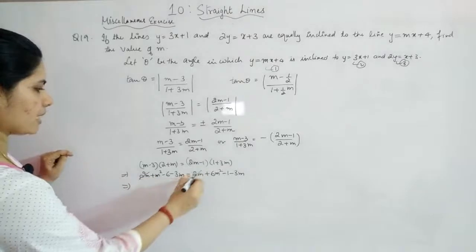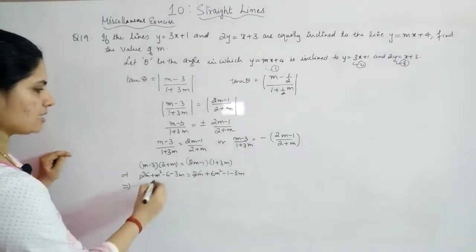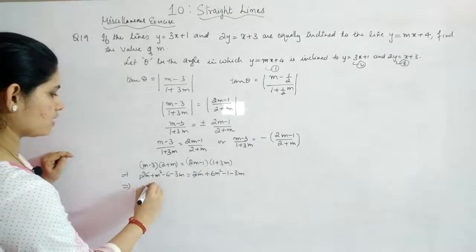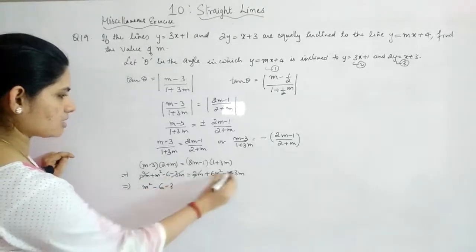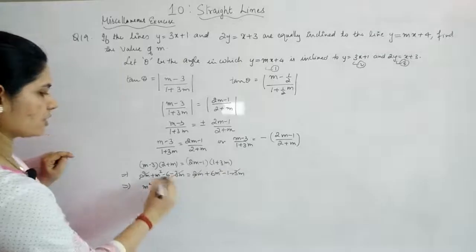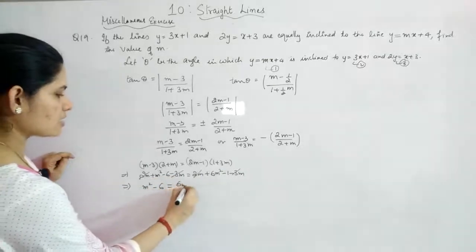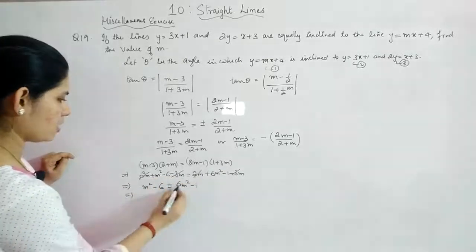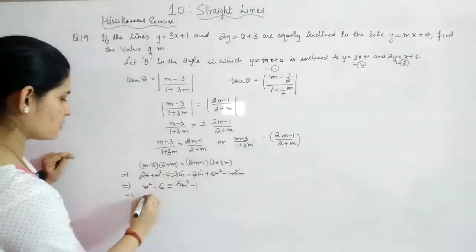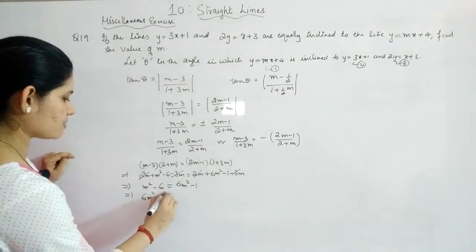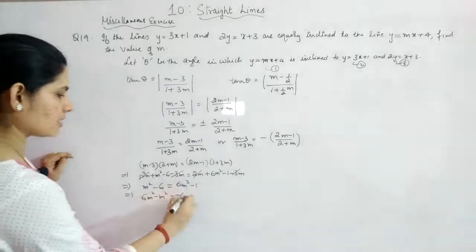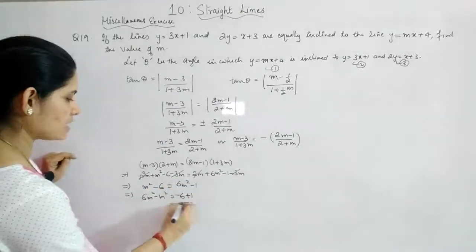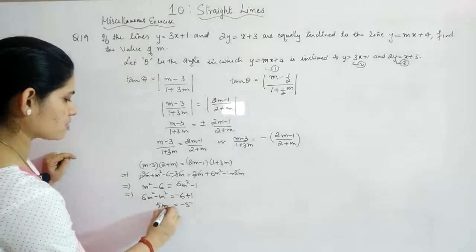Again 2m can be cancelled from both the sides. Here you are getting m square minus 6 minus 3m. Again minus 3m can be cancelled, so you get m square minus 6 is equal to 6m square minus 1, or this will go there and it will become 6m square minus m square is equal to minus 6 plus 1. So this is minus 5, and here you are getting 5m square, right?